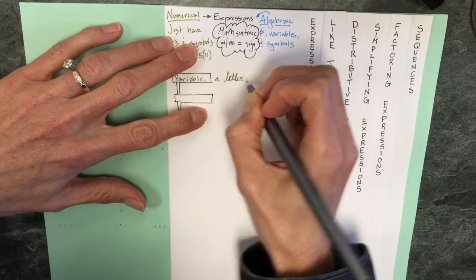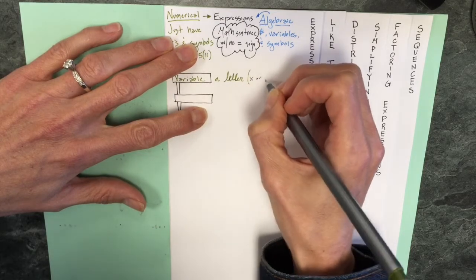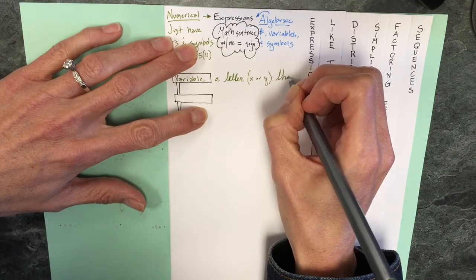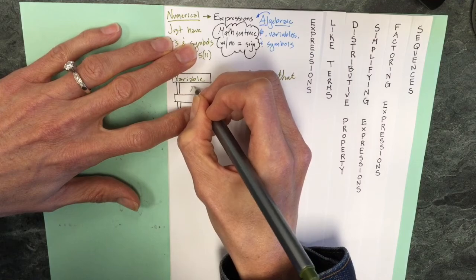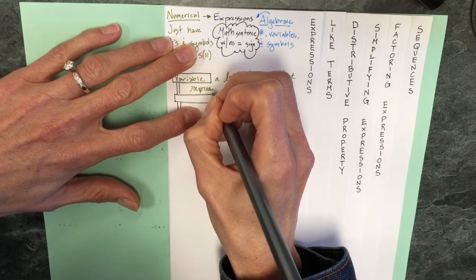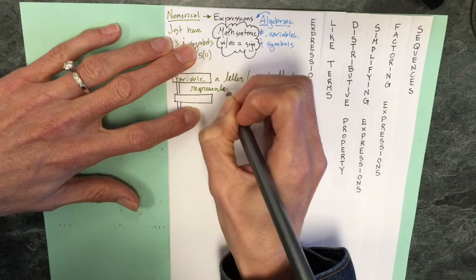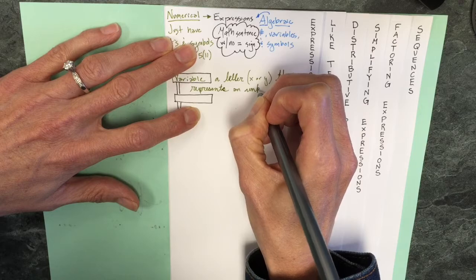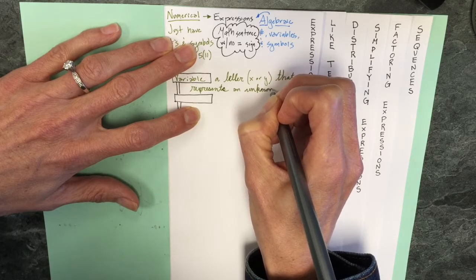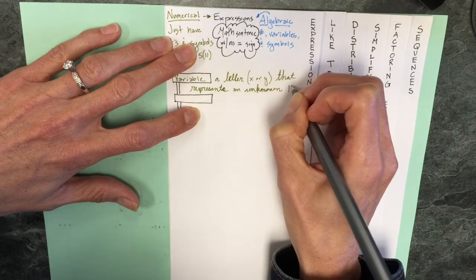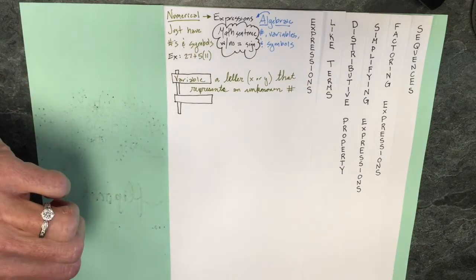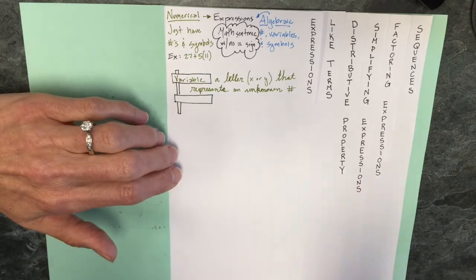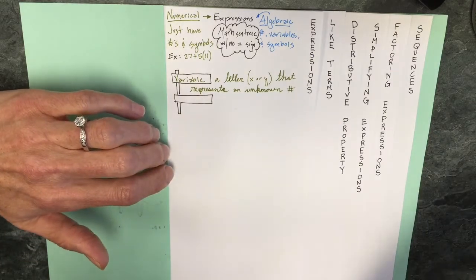So a letter like X or Y or whatever that represents an unknown number. So algebraic expressions are made up of variables.